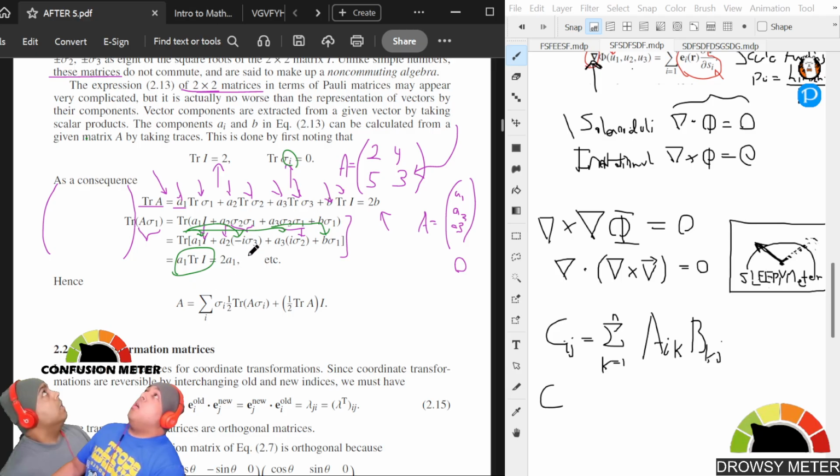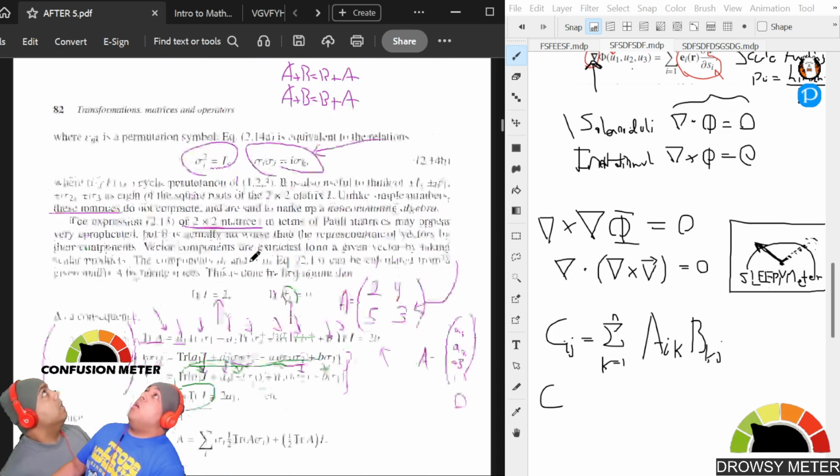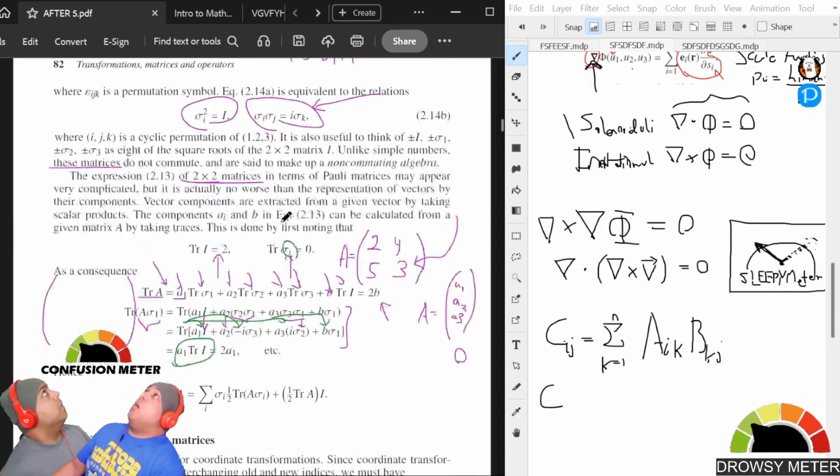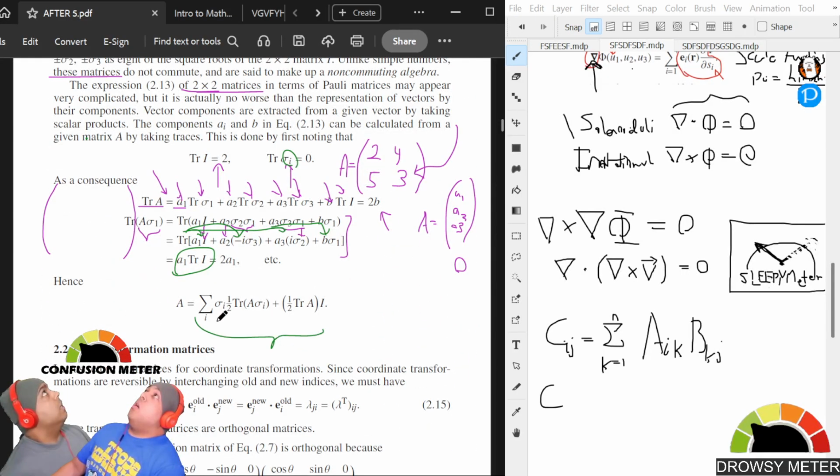Well, the goal is to rewrite a 2 by 2 in terms of these guys. So that should be here. A equals the 3 guys plus identity. This is weird. Sigma half trace.